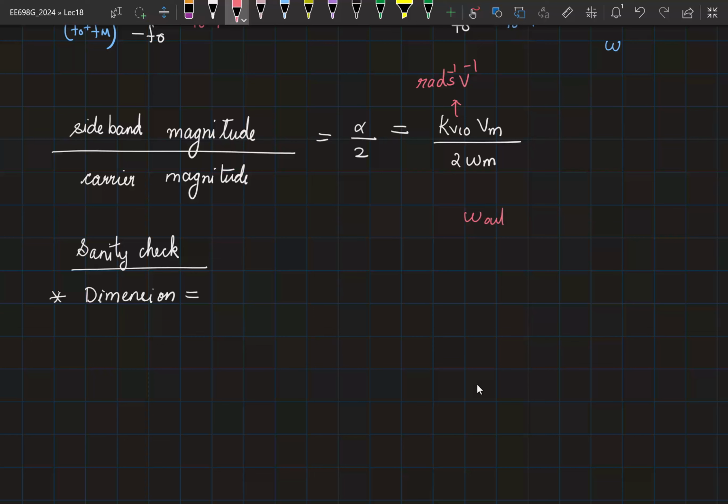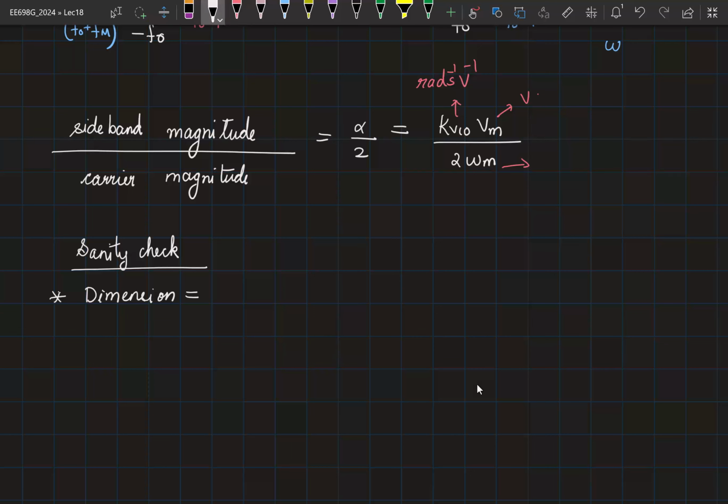Omega out is omega naught plus KVCO into VC, and together the unit is radians per second. So KVCO should have radians per second per volt. So you have this as volt, this as radians per second, and omega m as radians per second, so it cancels out and it is unitless.